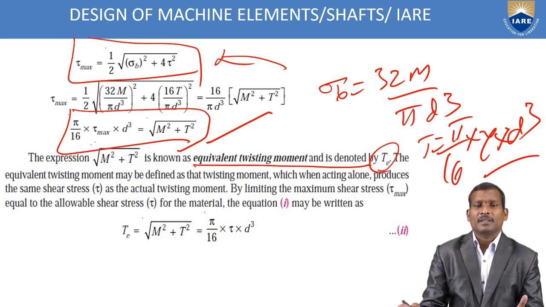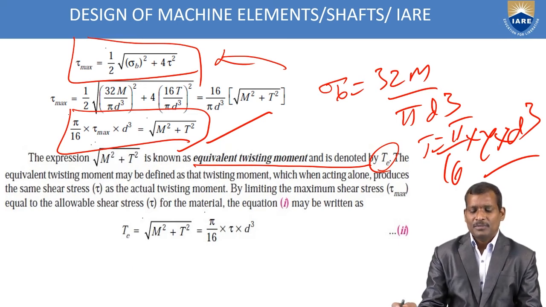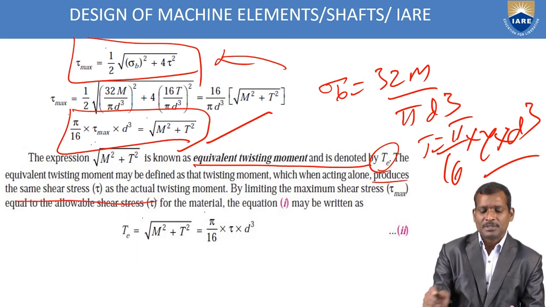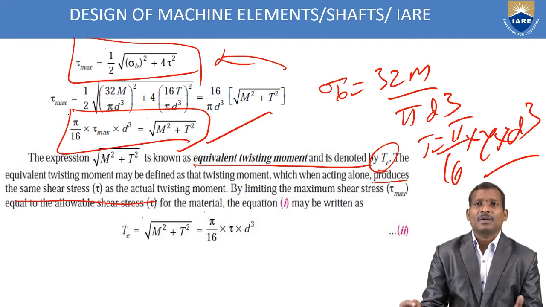The equivalent twisting moment may be defined as that twisting moment which, when acting alone, produces the same stress as the actual twisting moment. So that's why this twisting moment is called equivalent twisting moment. Why should we take equivalent twisting moment here? This shaft is subjected to combined loads.